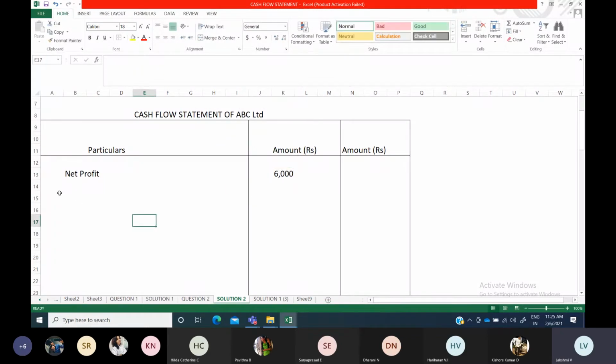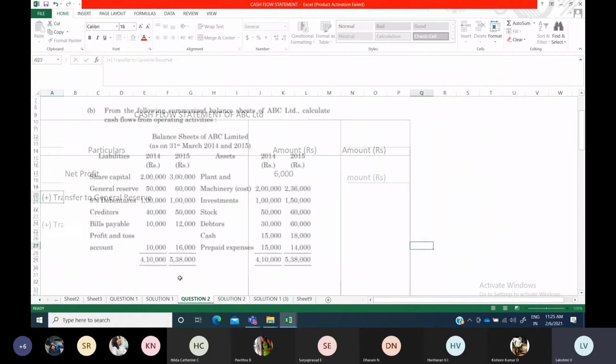Now next will be certain items you have to add. What are the items? Transfer to general reserve, if you are getting, you have to add it up. Like this, if you get any provision for taxation, all those you have to add.